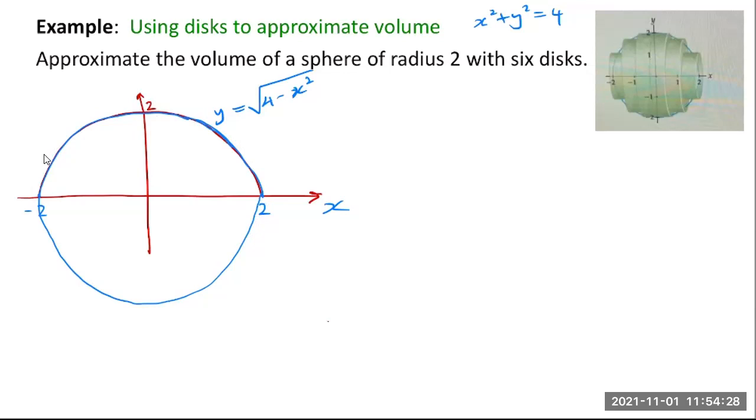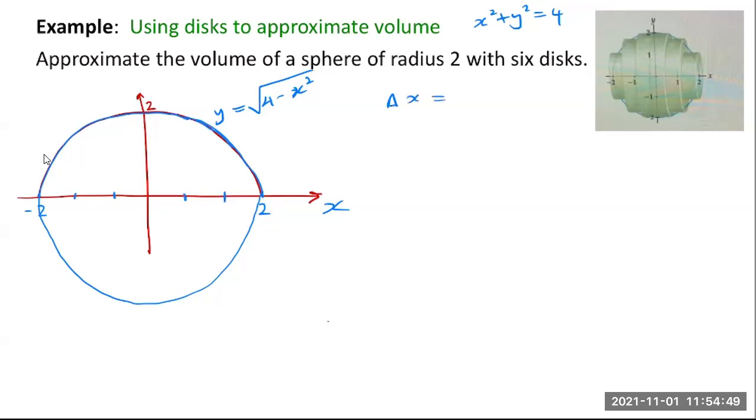I'm going to divide this interval into 6 equal sub-intervals because I want 6 disks. First of all, I know how to find my delta x.